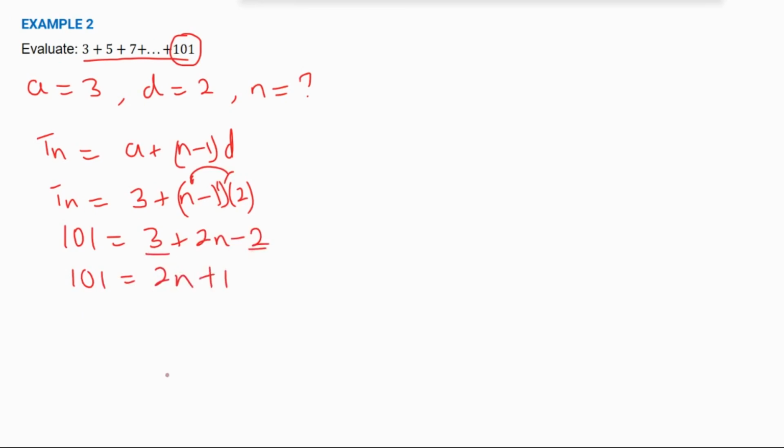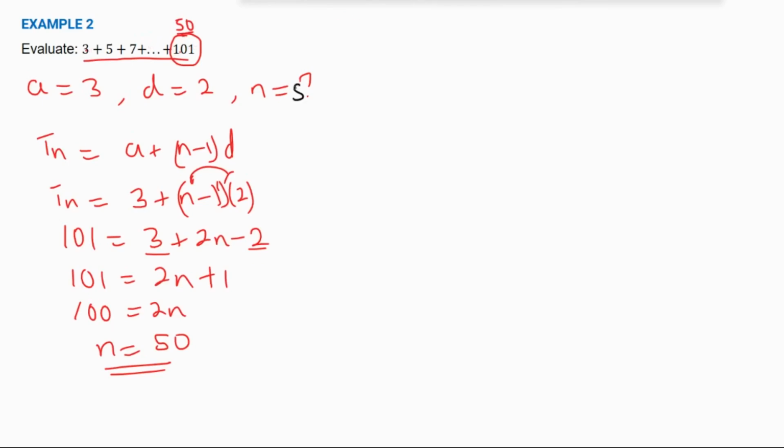From 3 minus 2 there, we get 1. And then we solve for n, subtract 1 from both sides of the equation. 100 is equal to 2n. It means n is equal to 50. Okay, so it means 101 is term number 50, meaning that we're adding term 1 to term number 50.